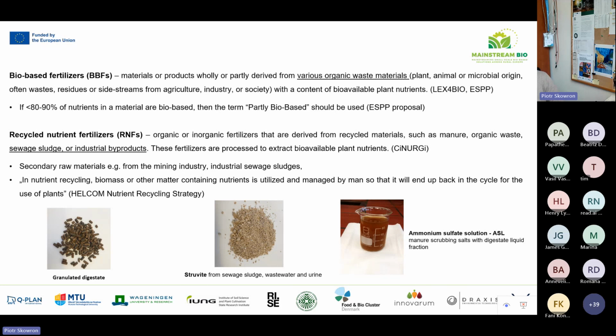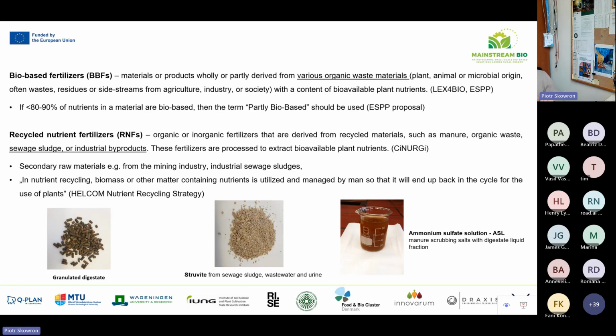For example, in most European projects and in European Sustainable Phosphorus Platform documents, you can find bio-based fertilizers. This definition is a bit limited because the sources for bio-based fertilizers are various organic waste materials.